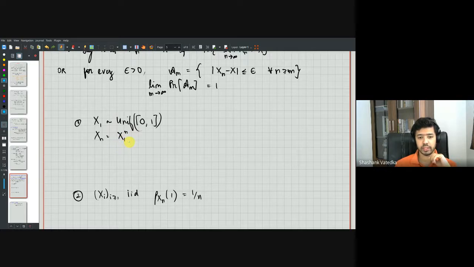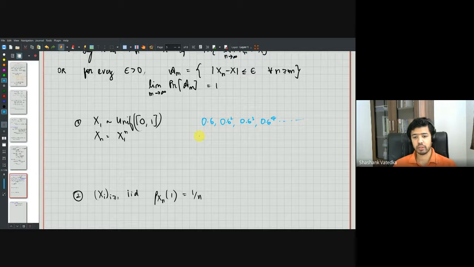So you take a random variable which is uniformly distributed, and it gives you some number, maybe 0.6. Then one realization of the sequence of random variables would be 0.6, 0.6 squared, 0.6 cubed, 0.6 raised to the 4, and so on.